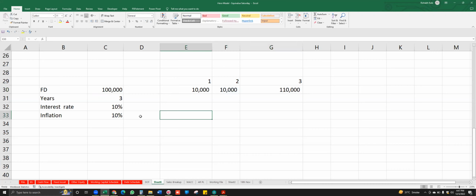Can you help me find its present value? How to find present value? Now 10,000 you get after 1 year and the inflation rate is 10%. What will be its present value?